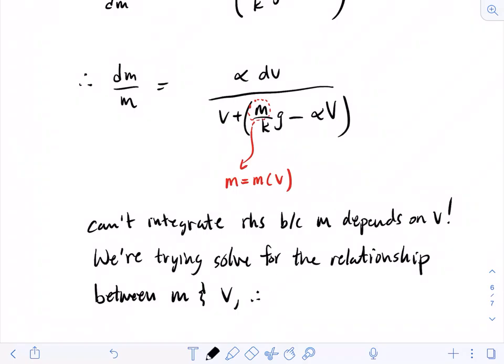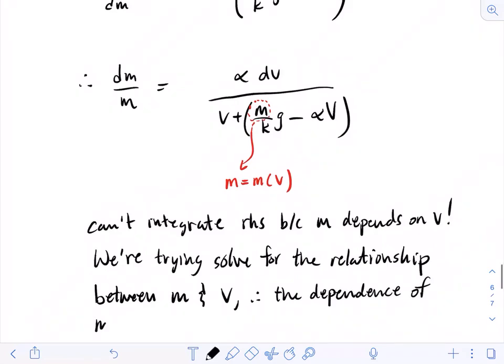Therefore, the dependence of m on v is unknown.